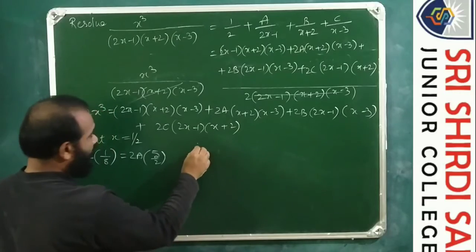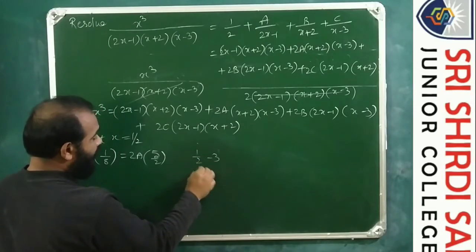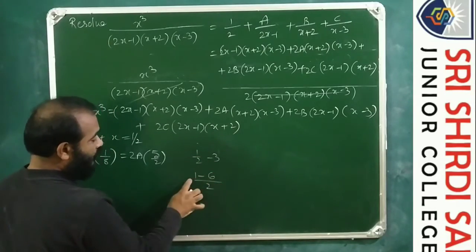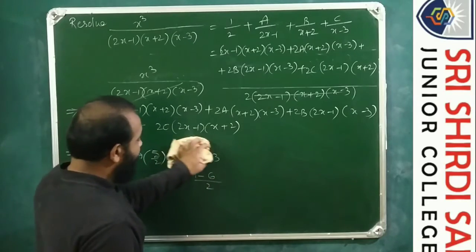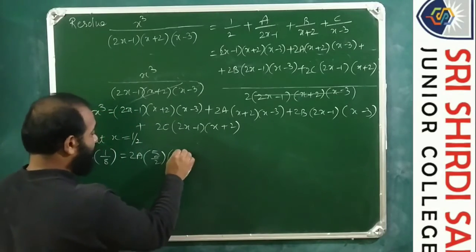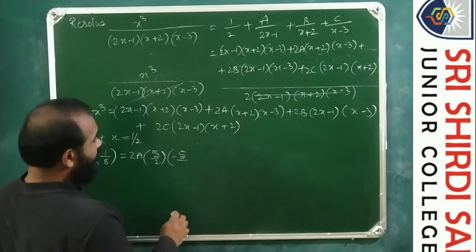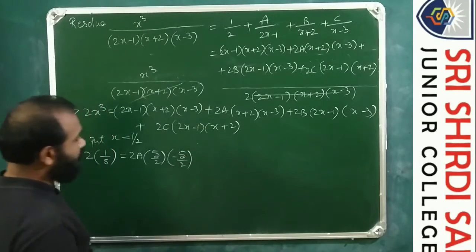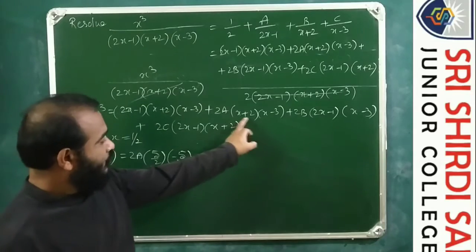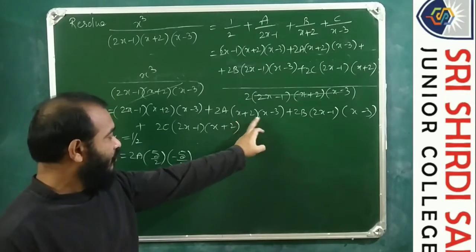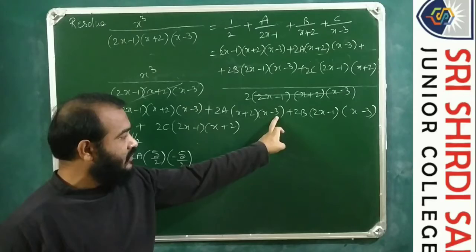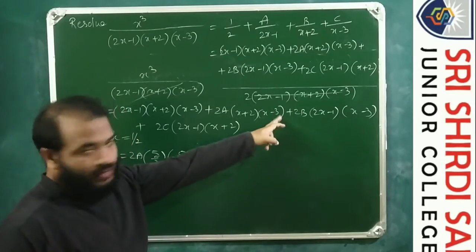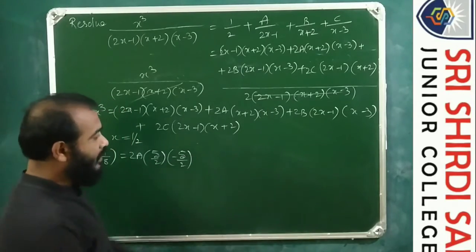This is 1 by 2 minus 3, 1 minus 6 by 2, minus 5 by 2.